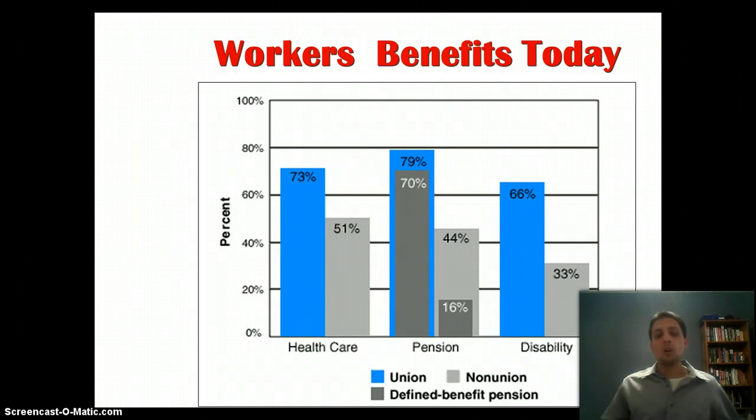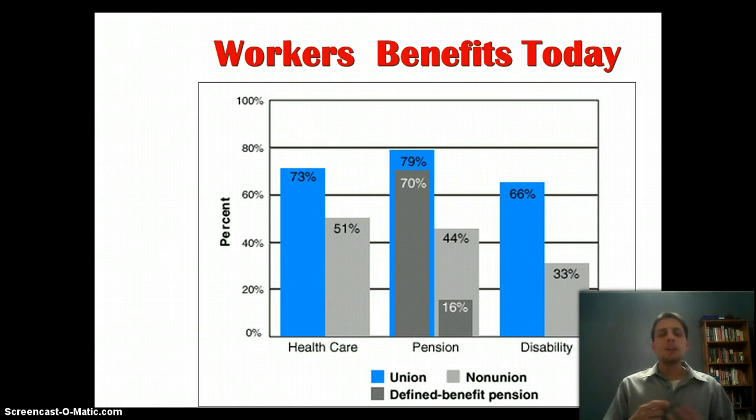So overall, what unions are able to accomplish for their members is they get a lot better treatment, because they're able to work together and they're not picked apart and turned against each other. In modern day, people who are members of unions get better health care, better pensions, higher disability, workers' compensation, and rights in the workplace.